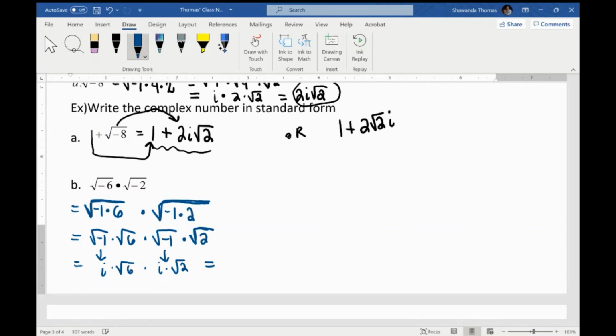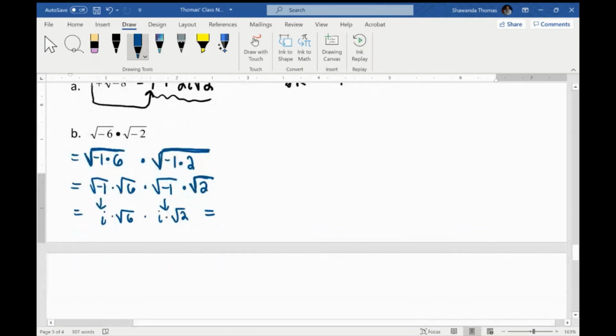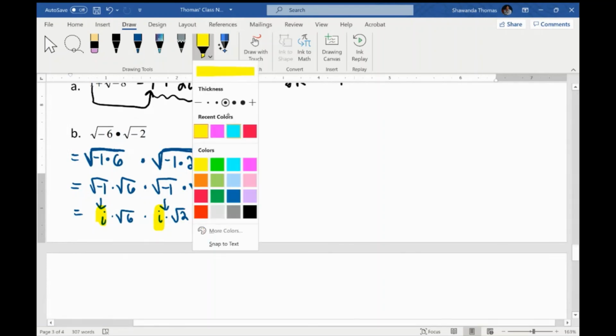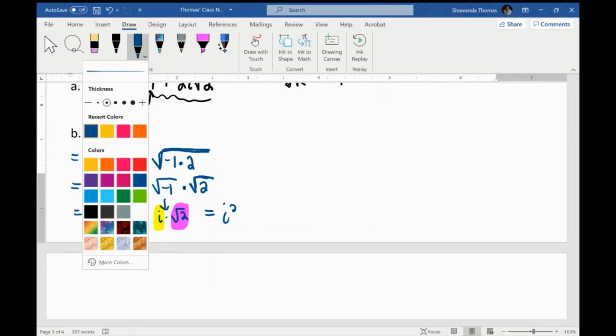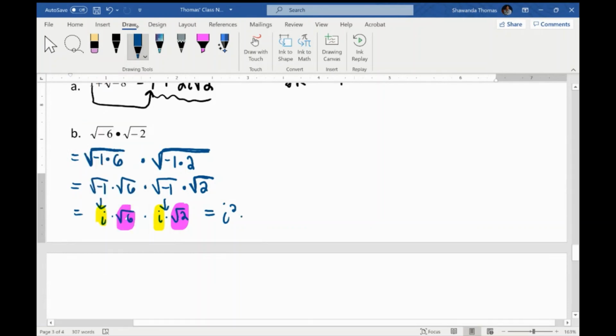All right, let's go over here. I'm running out of space. What can we multiply together at this point? The i's. What is i times i? i squared. What else can we multiply together? The radicals: the square root of 6 times the square root of 2. What does that equal? The square root of 12. Something happened there though.